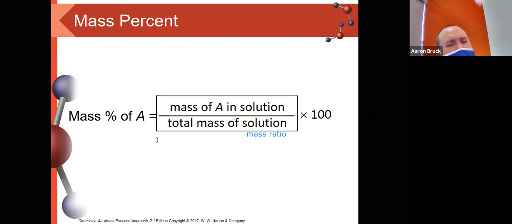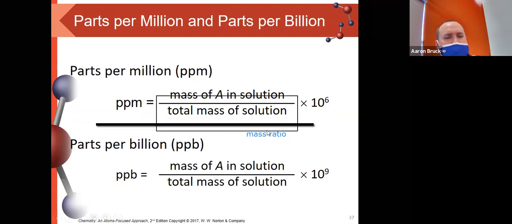Because what we will notice is I'm going to flash two other concentration units here on the board. I want you to see if you can pick up the commonalities between them. So take a picture of that in your head. Now compare it here.